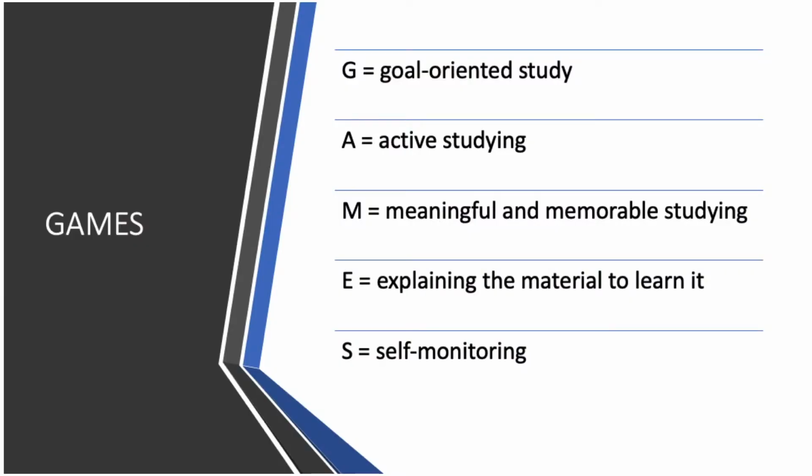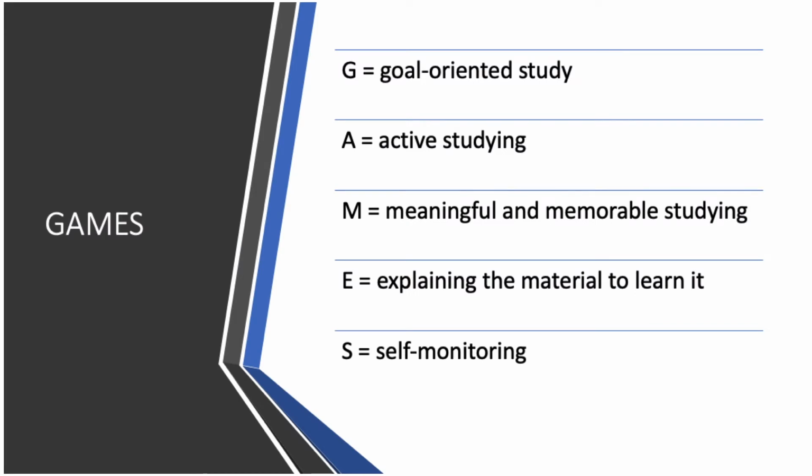In the games method, you start with the same basic strategy of setting goals. Maybe you want to be able to complete 5 of your algebra problems without looking at the example. Then again, actively learn the material or do the necessary work. Make your practice meaningful and memorable.